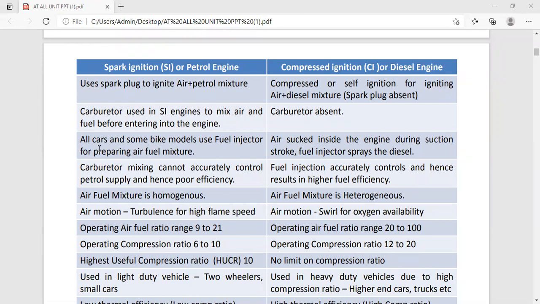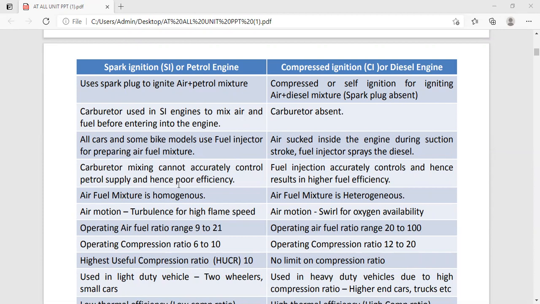So for the preparation of the air fuel mixture, fuel injectors are also used in some cases, but in the CI engine the air is sucked inside the combustion chamber during the suction stroke, and fuel is sprayed.